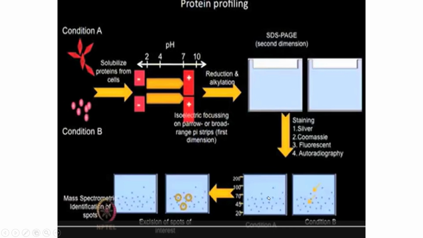Once the staining is done, you need to visualize and analyze using different software. Once you are able to analyze, you can pick the protein of interest, and that specific protein of interest can be given for mass spectrometry for identification of that specific spot as well.